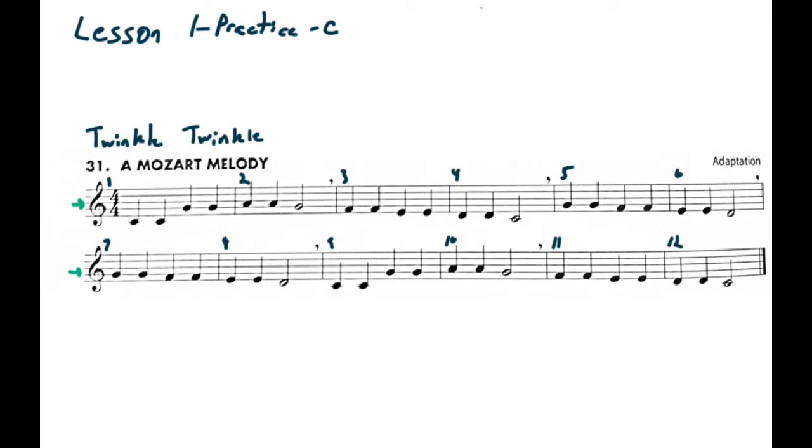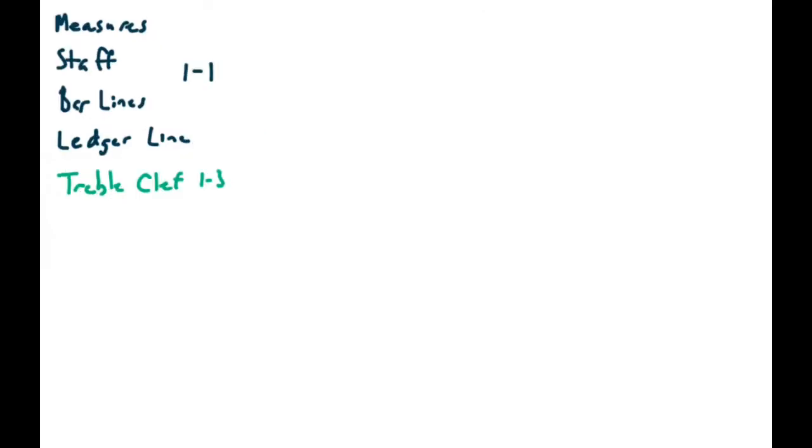The clef tells you how to read the music. If you see a bass clef, your bottom line is G, and you play lower music. If you see a treble clef, your bottom line is E, and you play slightly higher music. That's what it's for. That's why it tells you how it works. Okay? So that's what a clef is. So for 1-3, we've got clef.